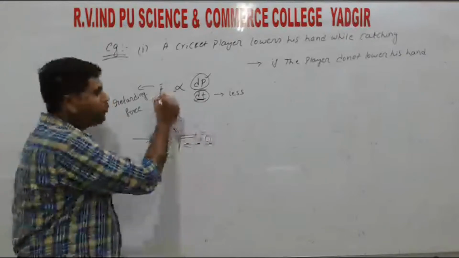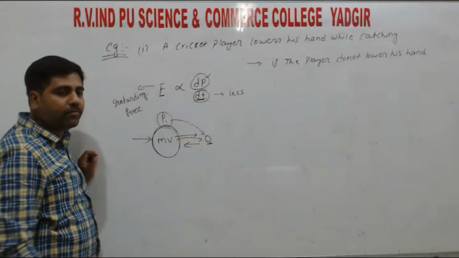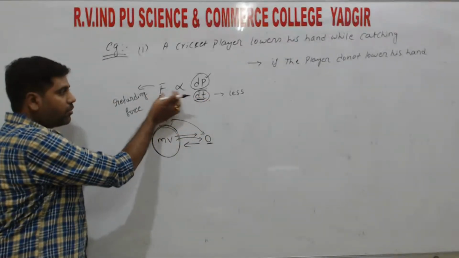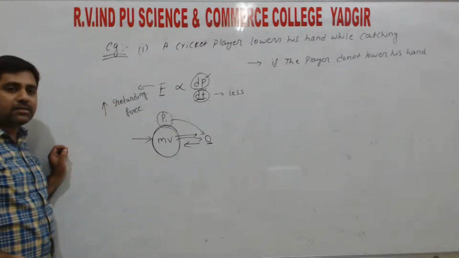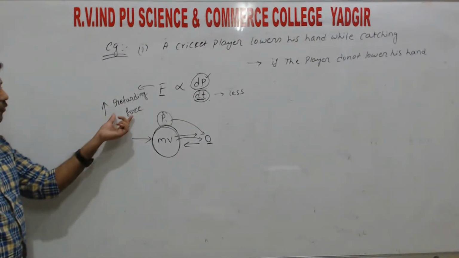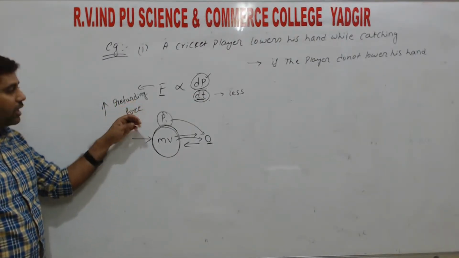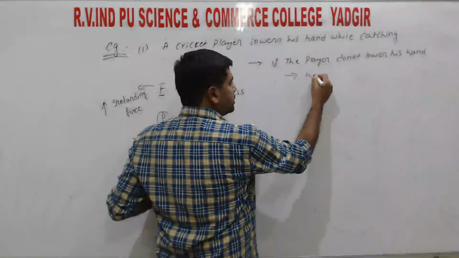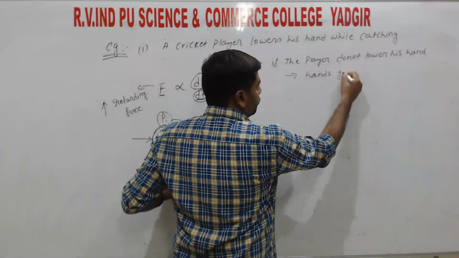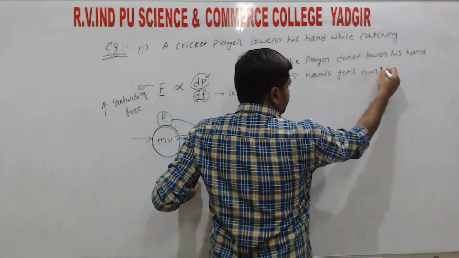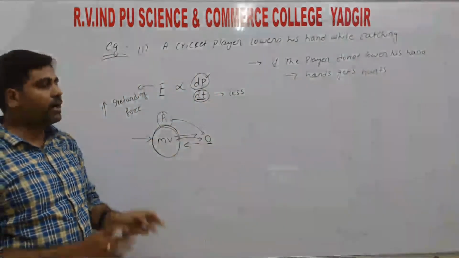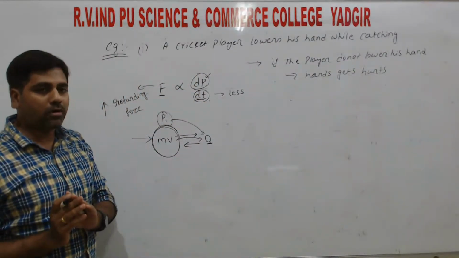As the retarding force is inversely proportional to time, when time is less, the retarding force is larger. As the retarding force is more, the hand gets hurt. We feel pain while directly catching the ball.